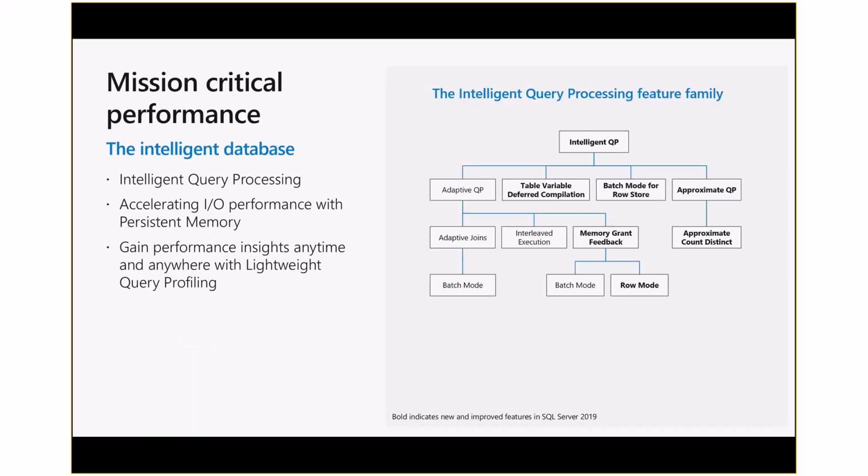So first of all, let's talk about the so-called intelligent query processing. With SQL 2017, we started a thing that we call intelligent query processing, which basically tries to address some of the issues you have with some special constellations when it comes to query plans and query processing.